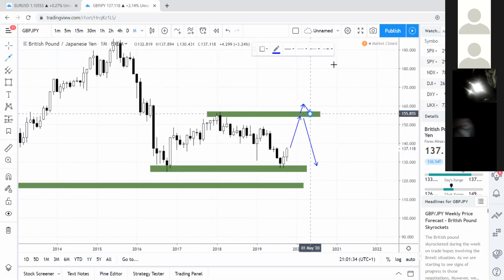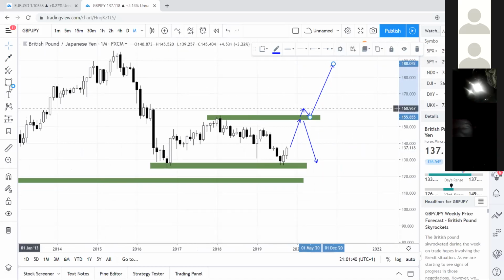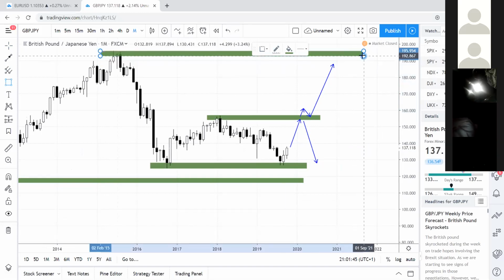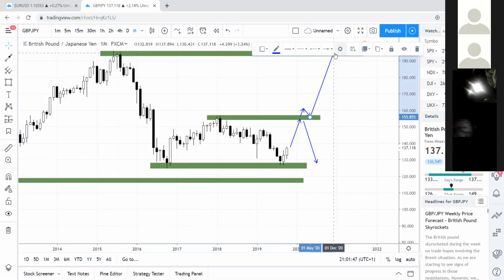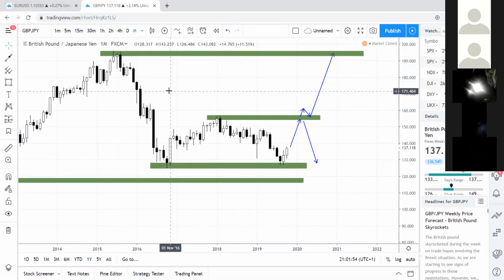That's called a retest. And then moves up to locate the next resistance. And the next resistance on the monthly time frame is this. Those are the two likely things that will happen on a monthly time frame.